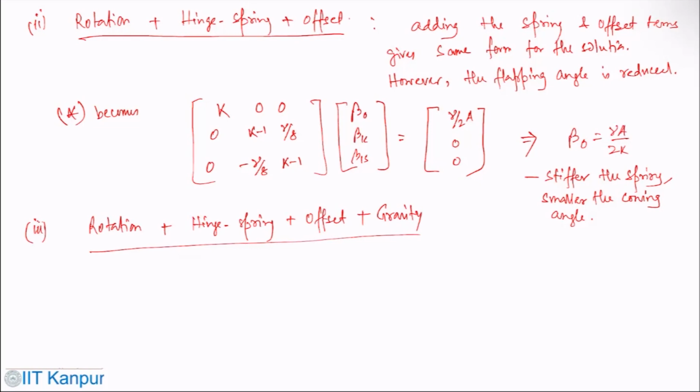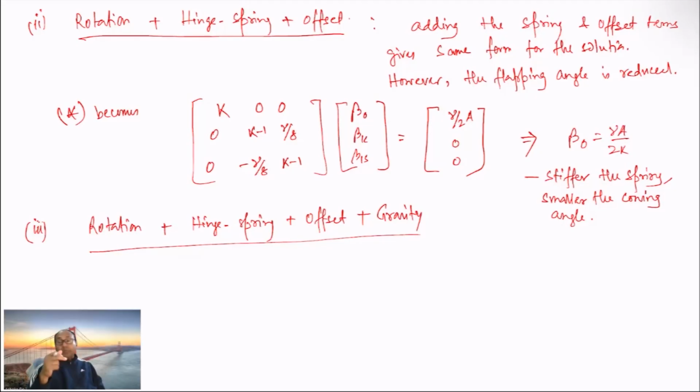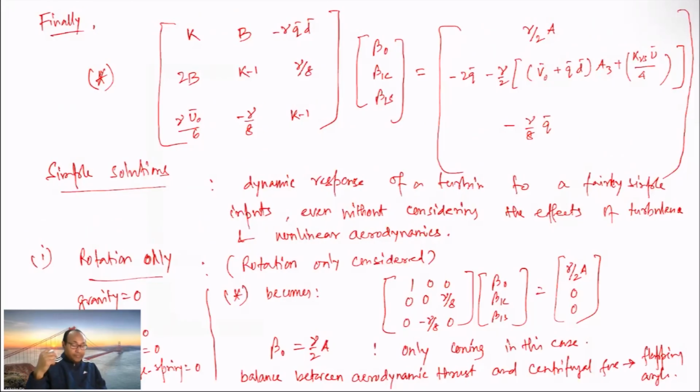Obviously, when we add gravity, it will change things. If you see what we are doing, essentially, once we get this matrix, we're trying to see the impact of different terms and components on the final solution.